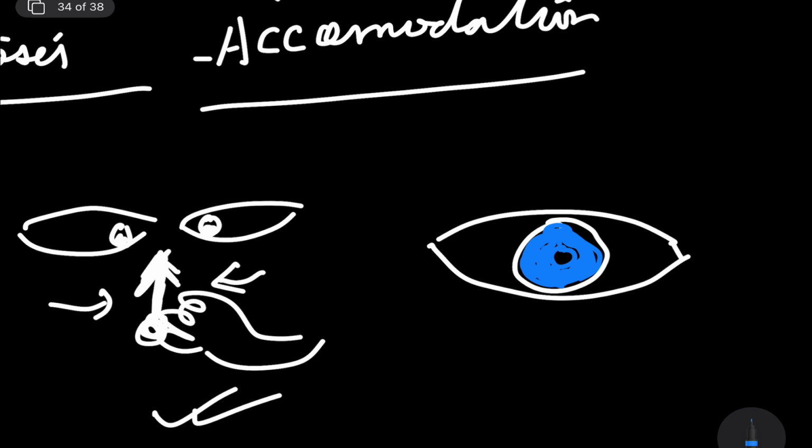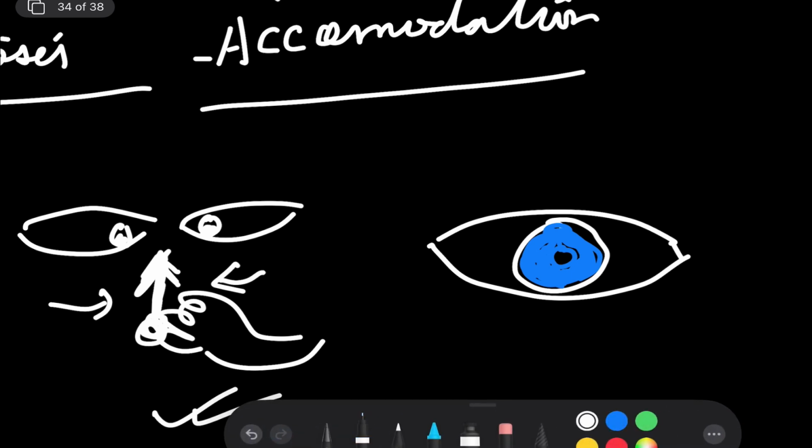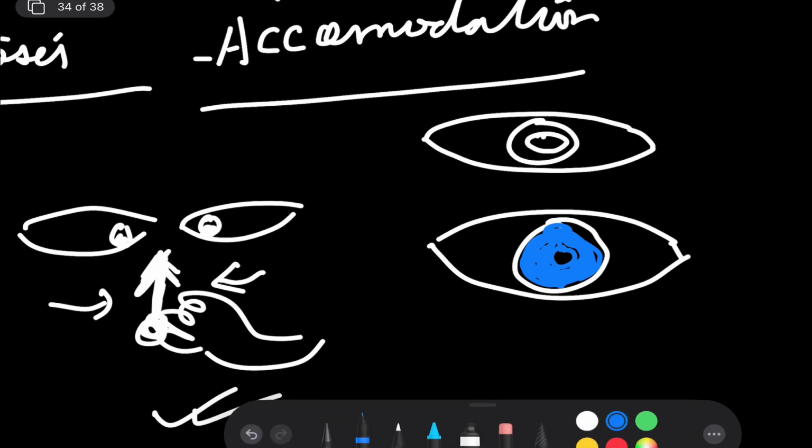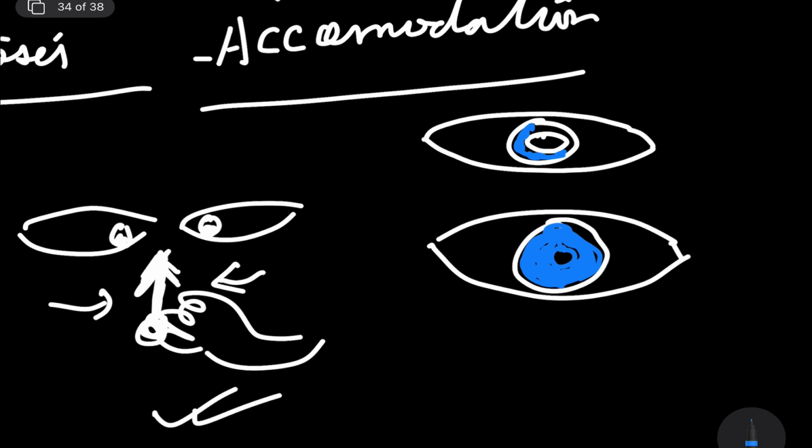So another thing that happens when you're looking at a nearby object as a part of the near reflex is your pupils constrict, as is evident from this picture. So suppose your eyes before you were looking were somewhat like this. Big, you have big pupils here in this image.